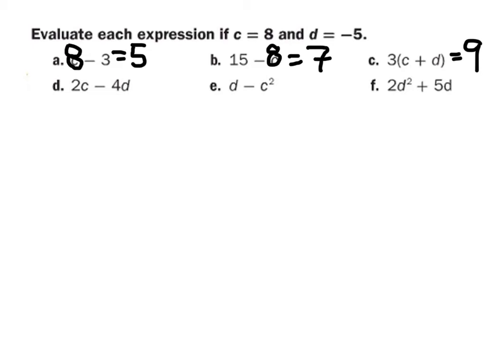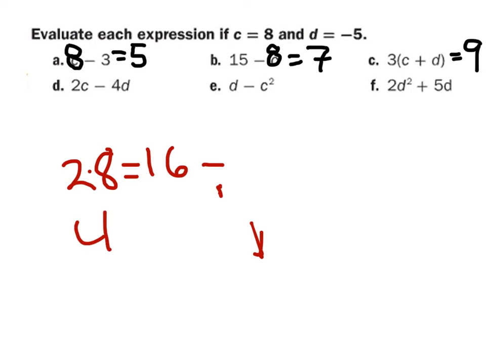Alright, so first 2, oh, is that even right? Because 2, and then the C is 8, and you would times that, and you'd get 16, and then you would minus it by 4, and D is -5, which would equal, what did I get on this?